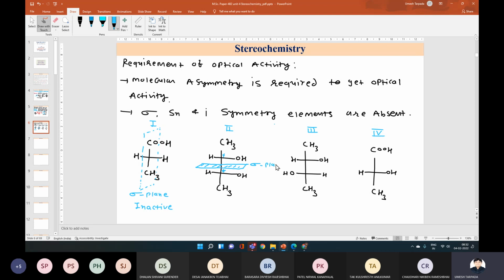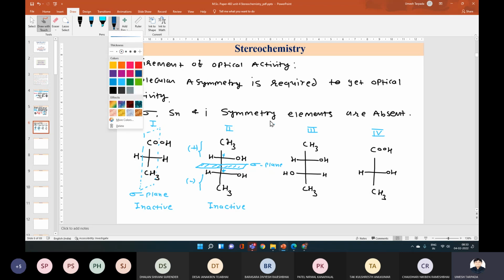Here the sigma plane is there. So 50% part is plus, 50% part is minus. Net rotation is 0, so it is optically inactive.